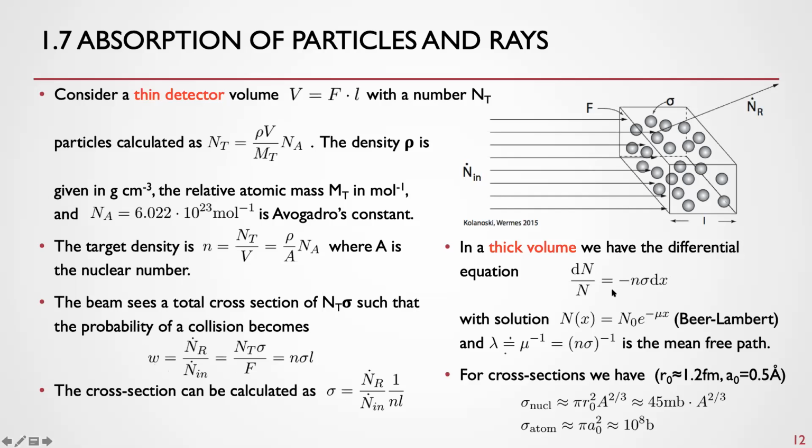Integrating this equation leads to, I'm sure everybody can do that, a falling exponential with a parameter mu, and mu is the inverse of the mean free path, which is 1 over n times sigma.